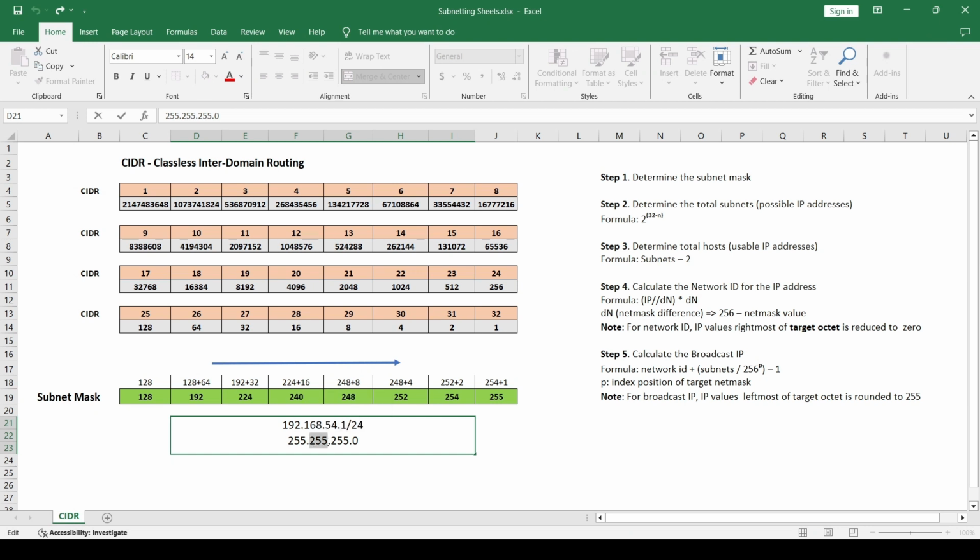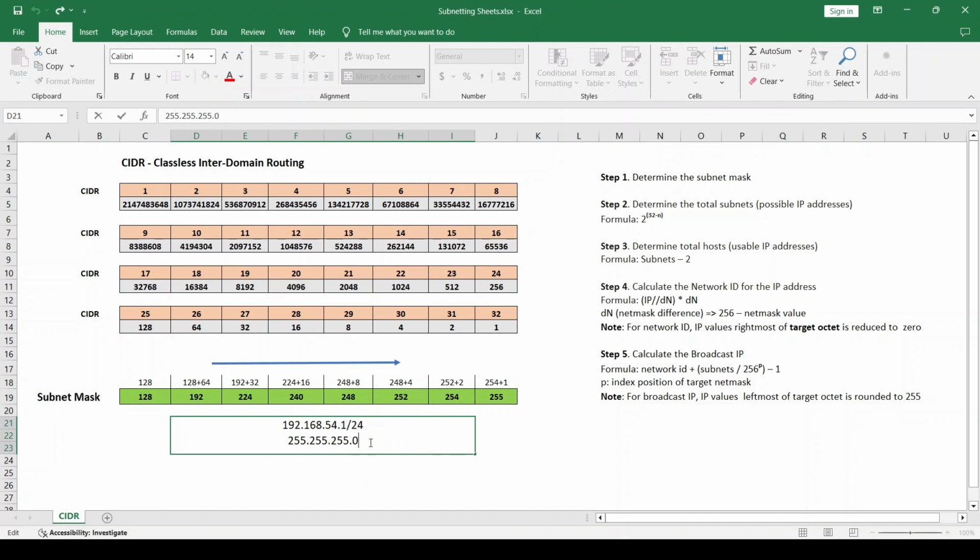The second octet has been filled up, which amounts to 255. And then the third octet, which brings us to 24 bits, has also been filled up. So we have 8 bits here, 8 bits here, and another 8 bits. 8 times 3 makes 24. And they are filled up, which amounts to 255.